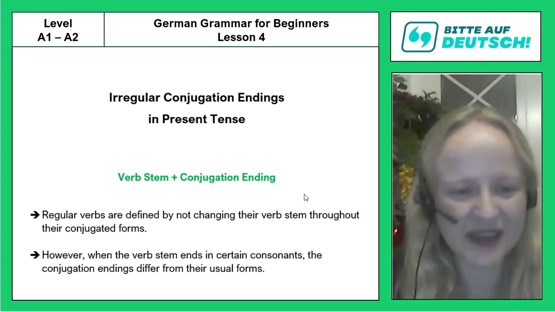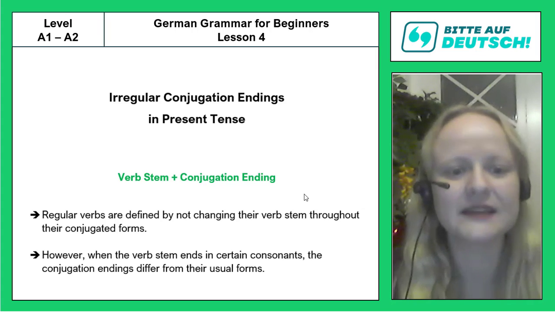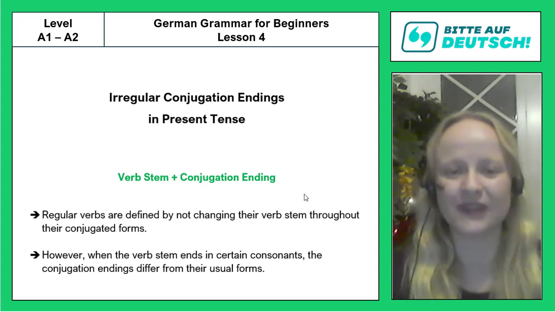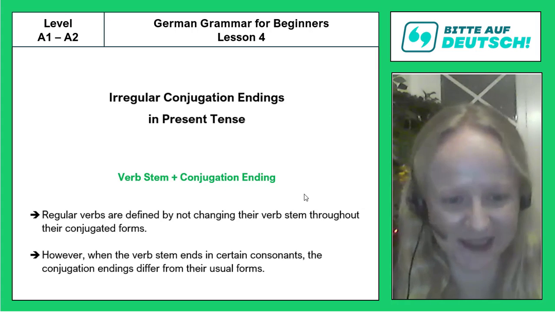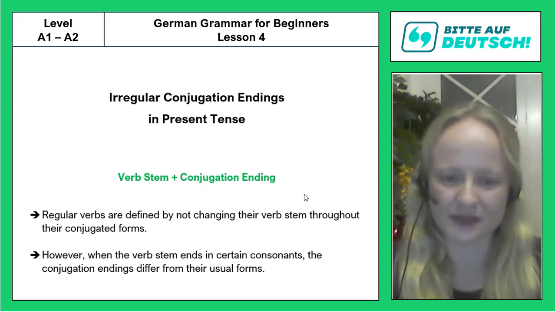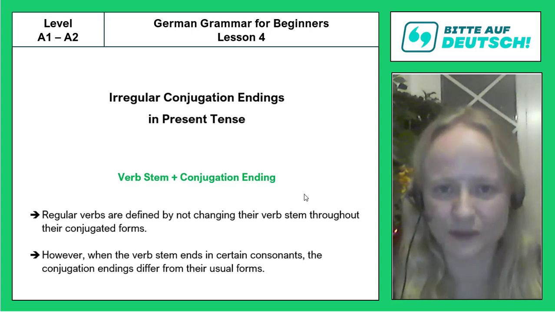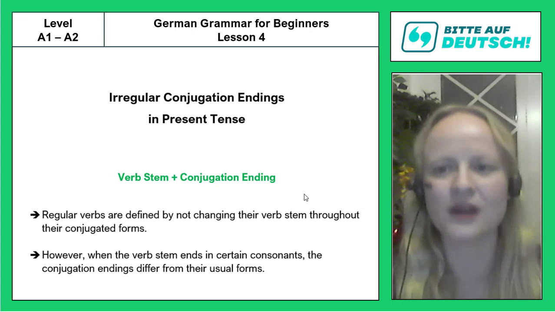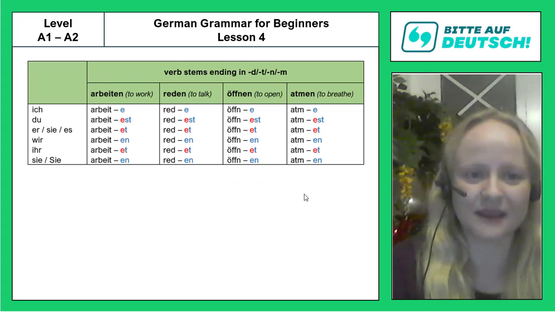However, independently from whether the verb that we conjugate is regular or irregular, sometimes the conjugation endings also show an irregularity. But still, the verb itself can be completely regular. So when the verb stem ends in certain consonants, the conjugation endings differ from their usual forms. They will differ from the forms that you saw in lesson number 2, where I showed you regular verb conjugations. So now let's see what this looks like in practice.